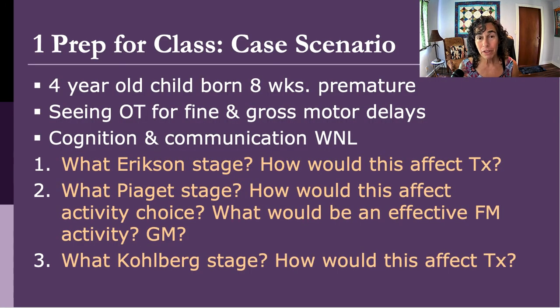And the final thing that I would like for you to do is to consider this case scenario. So there's a 4-year-old. He was born 8 weeks premature. So in other words, 2 months premature. That's significant. He's seeing OT for fine and gross motor delays, and his cognition and communication are within normal limits, or WNL.